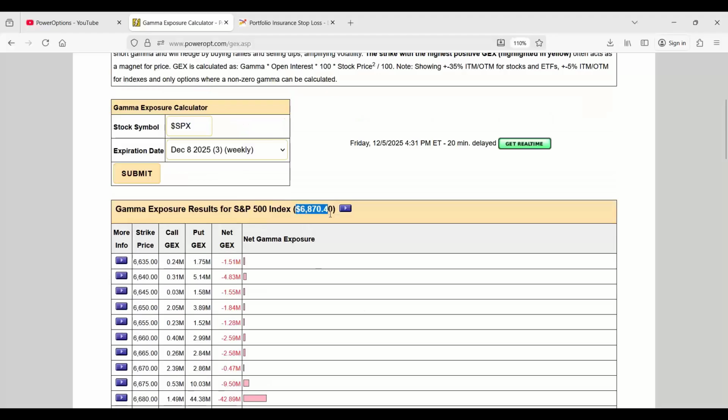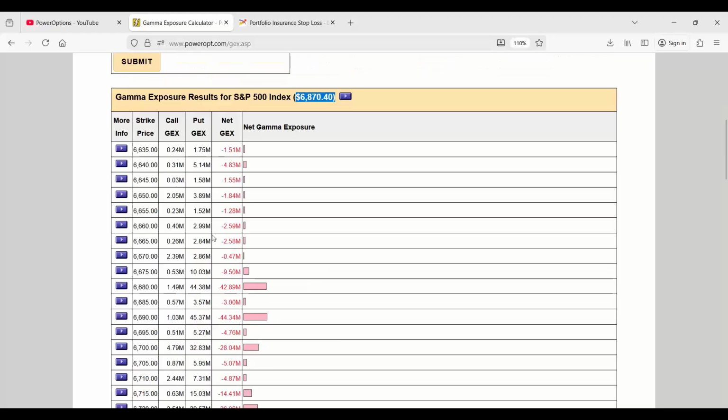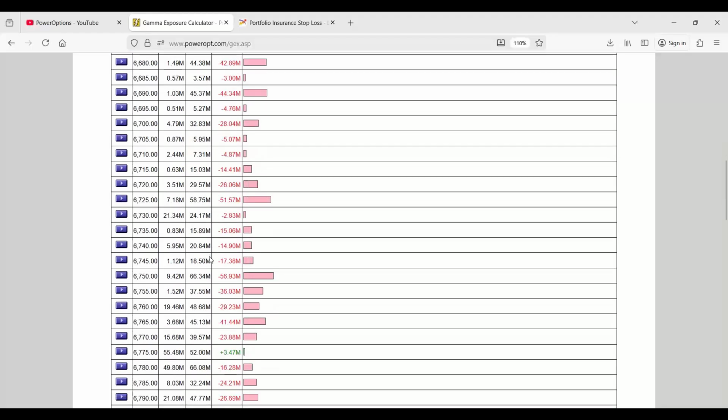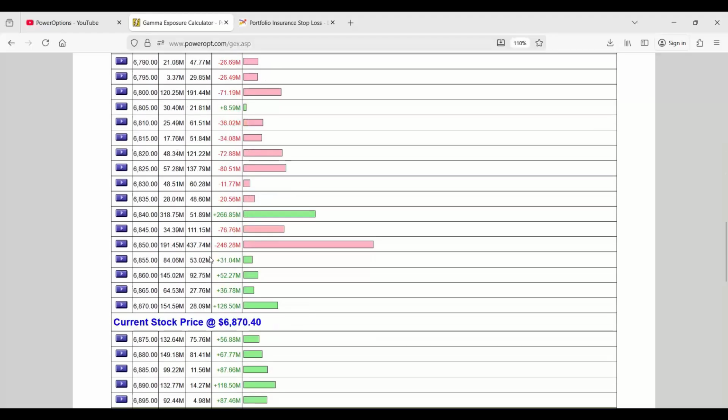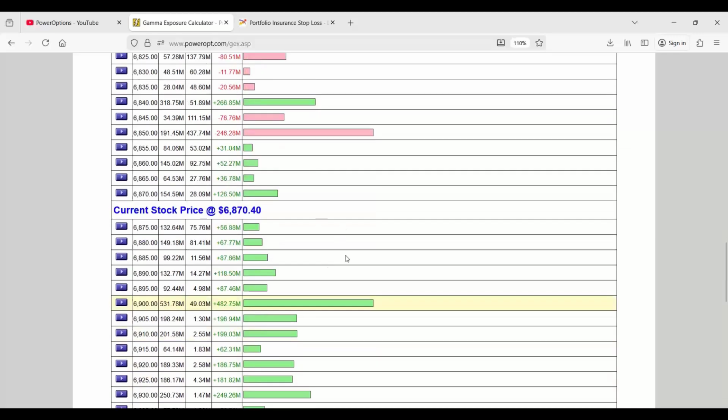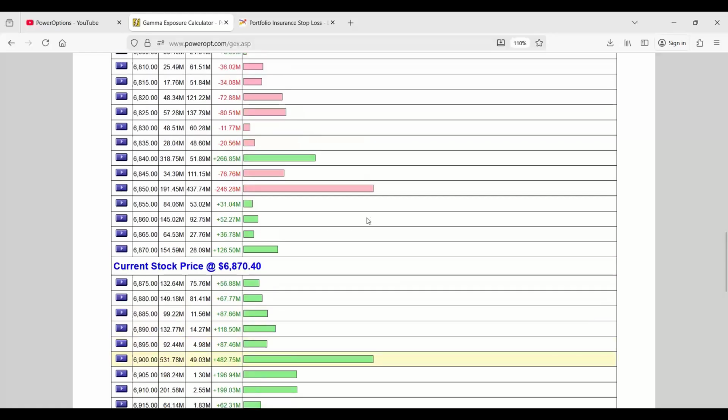We have SPX at 6,870 and 40 cents. Let's just call it 6,870. All right. And what this is doing is looking at the strikes that we have available, and it's looking at the bullish or bearish gamma exposure for this particular stock.